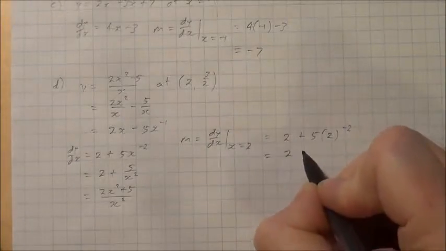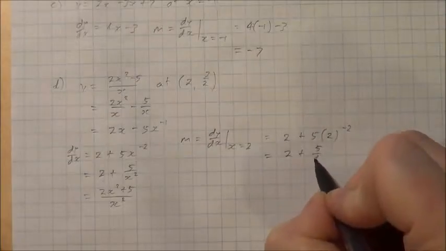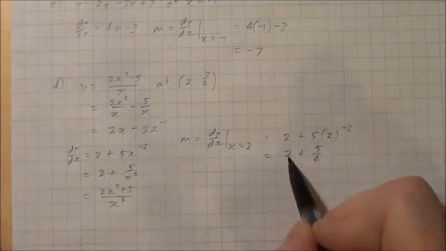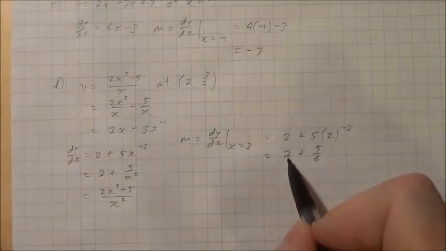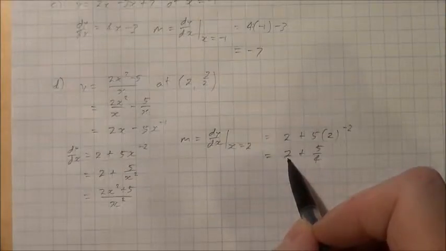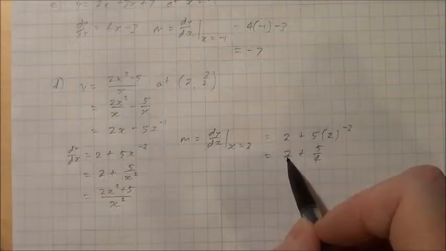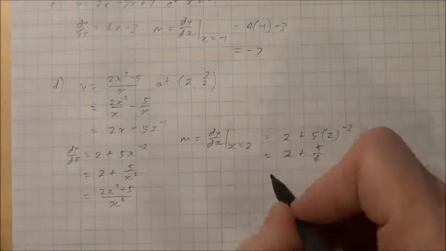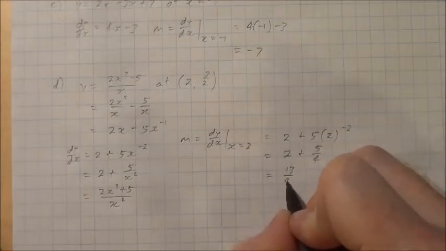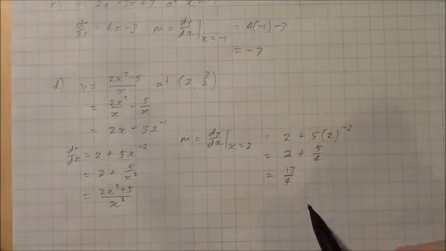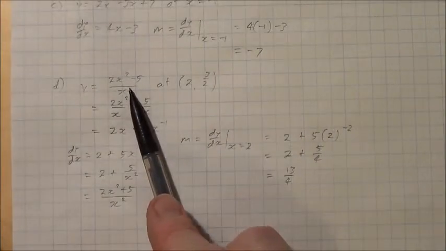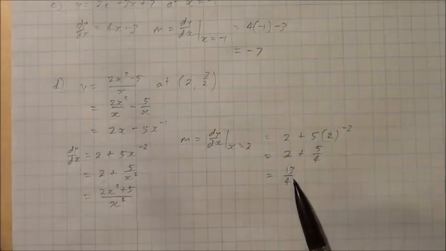And so I get 2 plus 5 over 4. 2 as a fraction with denominator 4 would be 8 over 4, because this is 2 over 1, and 8 over 4 plus 5 over 4 gives me 13 over 4. So the gradient of this function, evaluated at this point, is 13/4.